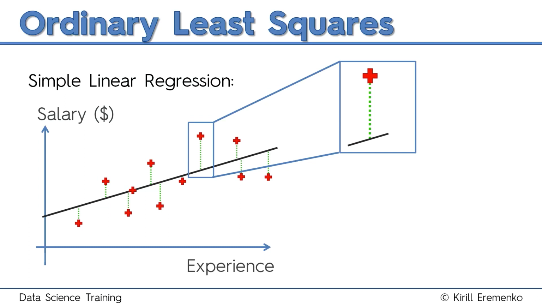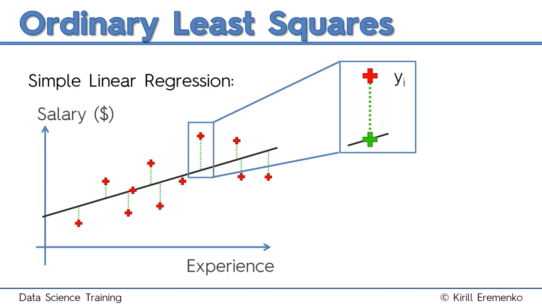Well, the model line, the black line at the bottom, tells us where that person should be sitting according to the model in terms of salary. And according to the model, it should be a bit lower. It should be somewhere where that green cross is, which is maybe, let's say, $80,000.